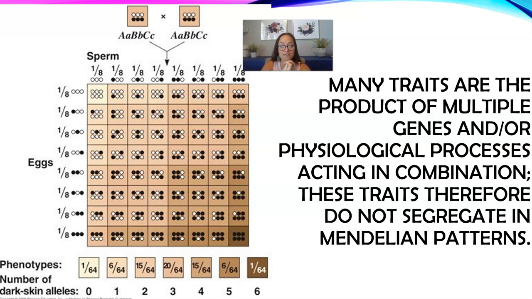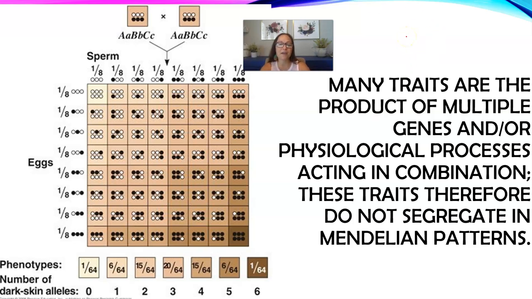So here you can see if you have two people who are heterozygous for all 3 genes dealing with skin color, this Punnett square is showing the probabilities of all the different possibilities of skin color in their children. Skin color is the example of the product of multiple genes.